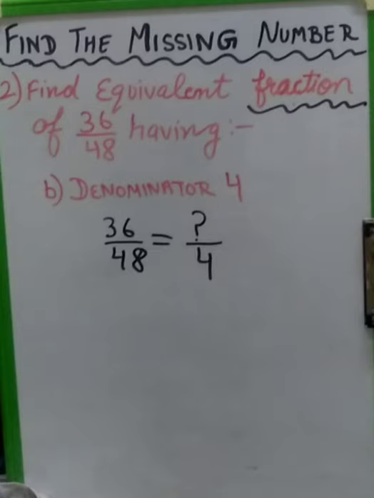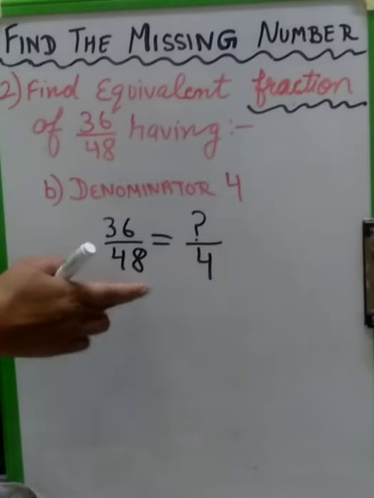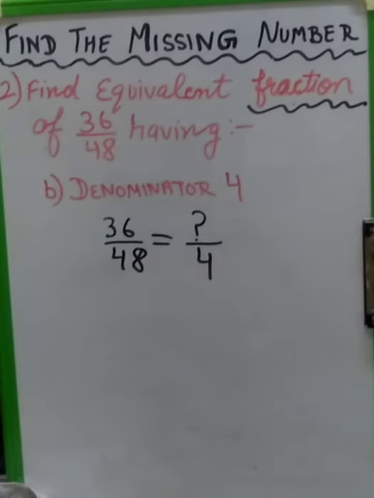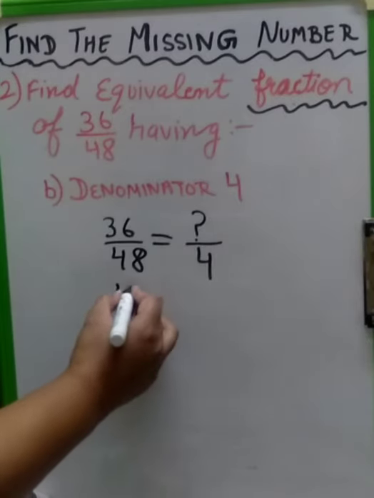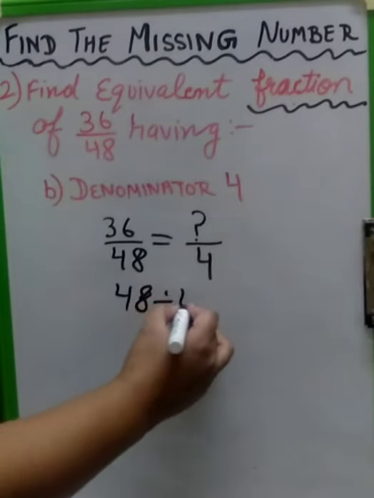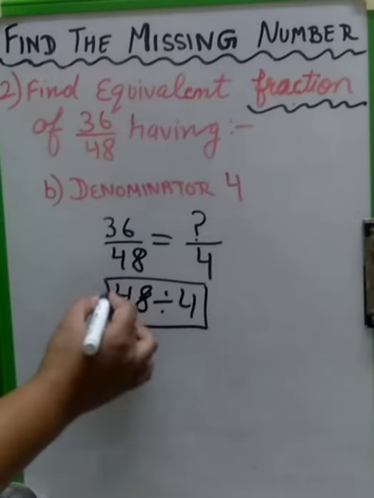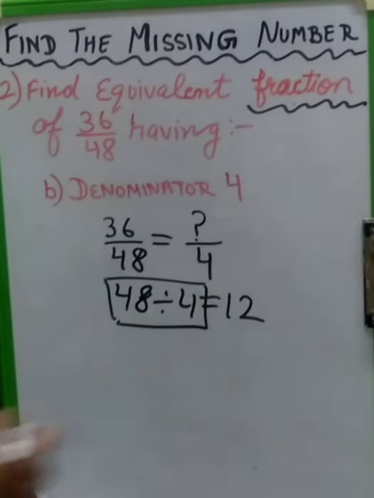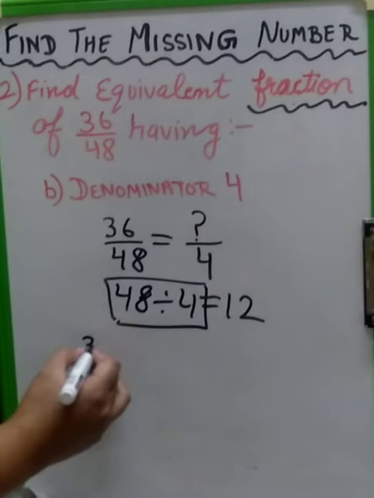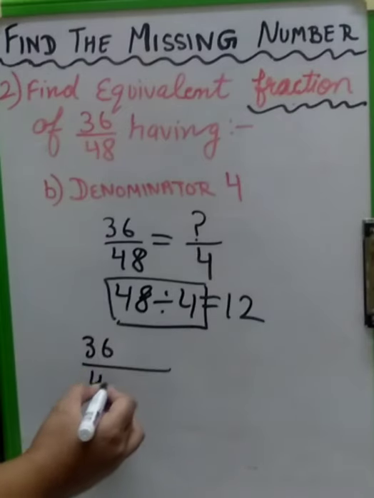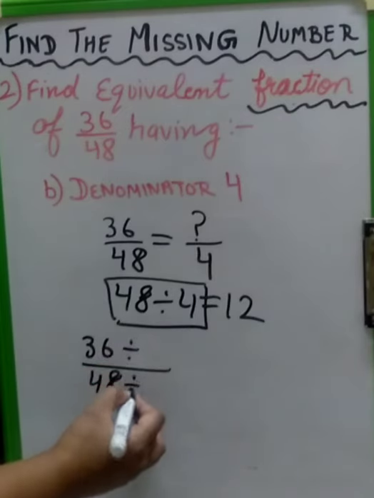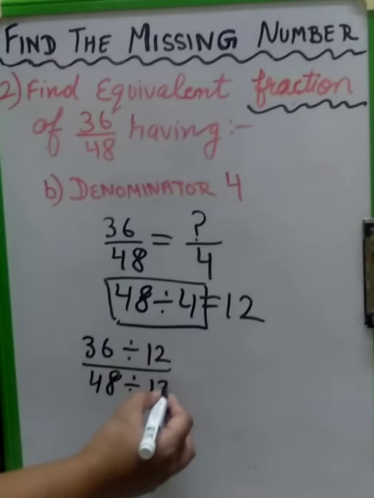So again, how to find out 4 from 48? We need to divide 48 by 4. But by which number do you need to divide? So you will divide 48 by 4 and you will get 12. It means both numerator and denominator will be divided by 12.